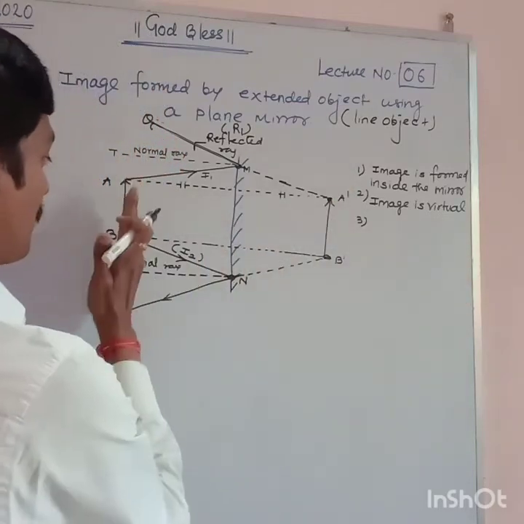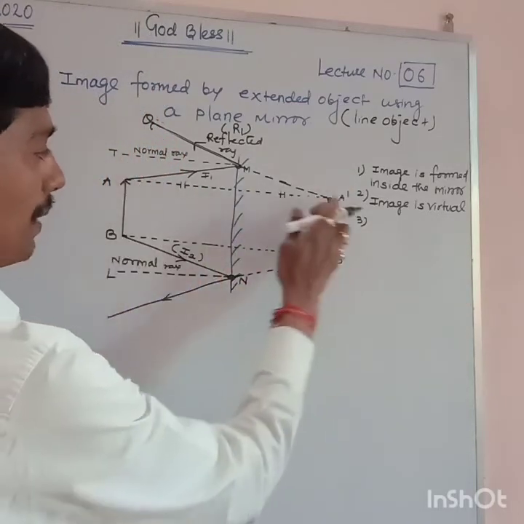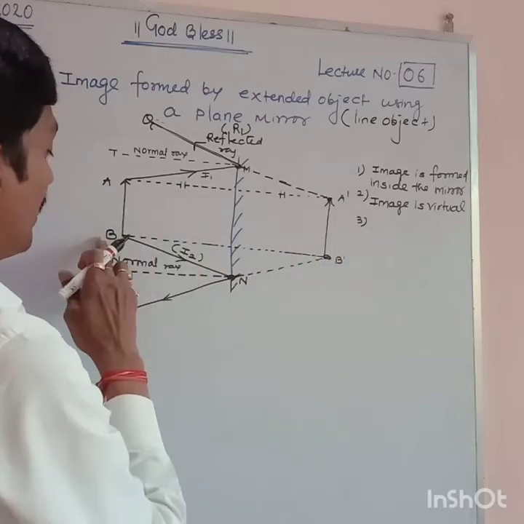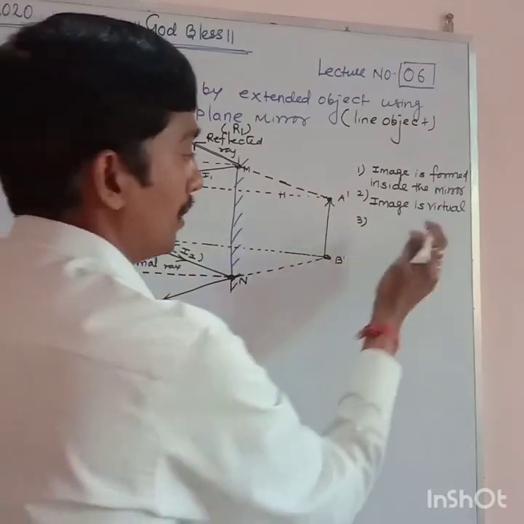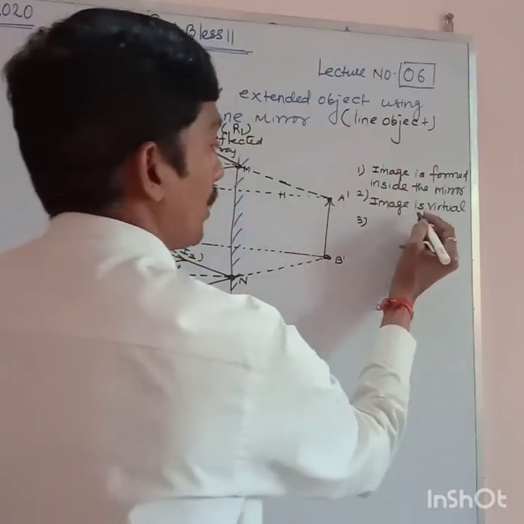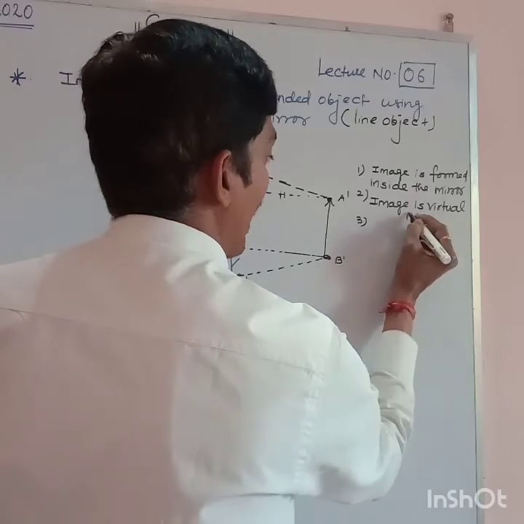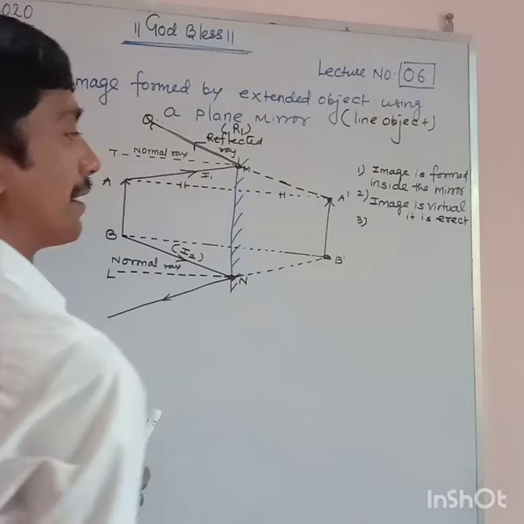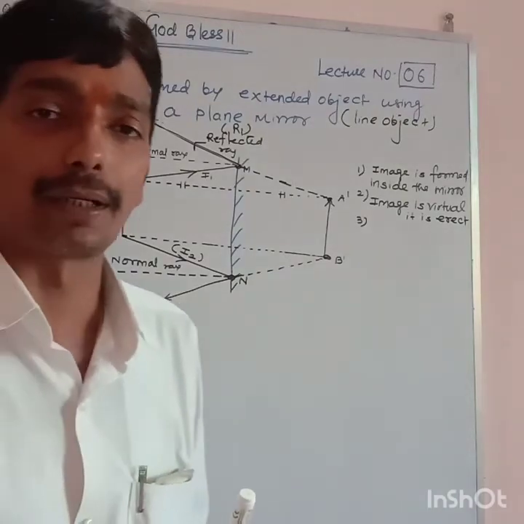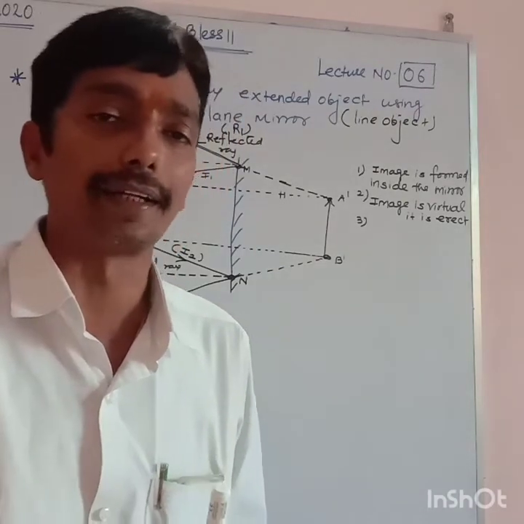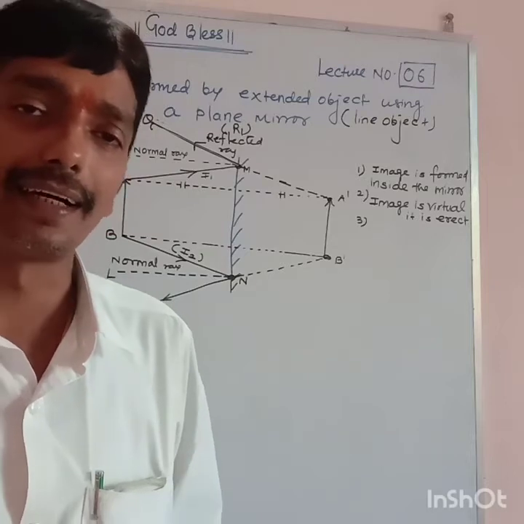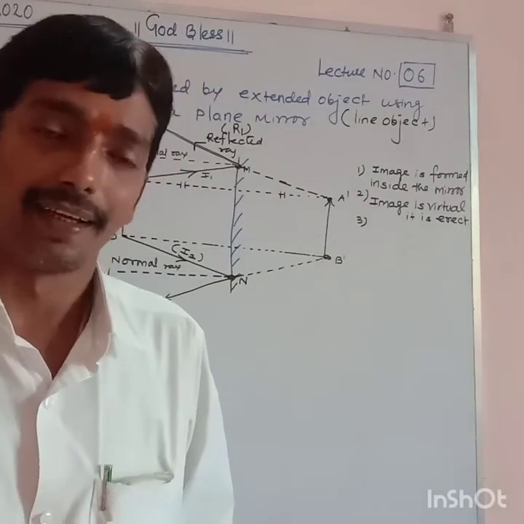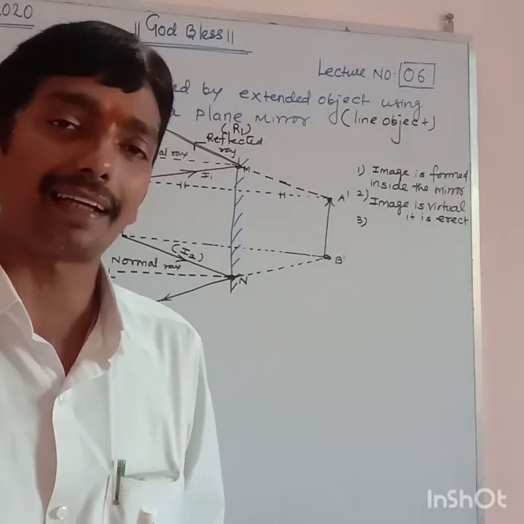And you can see A is at top, A dash is at top, B is at bottom, B dash is at bottom. So such an image is erect. It is virtual, it is erect, because all real images are inverted. From class 10th you know that real images are only inverted and virtual images are erect.